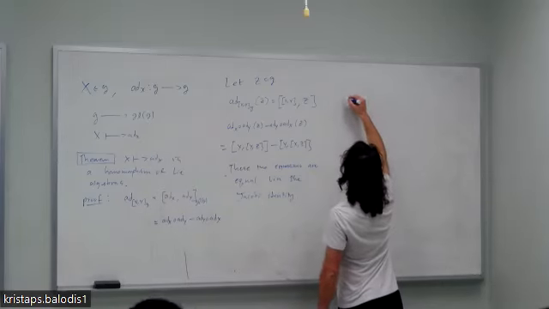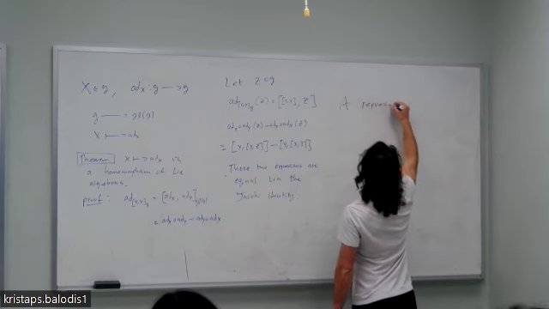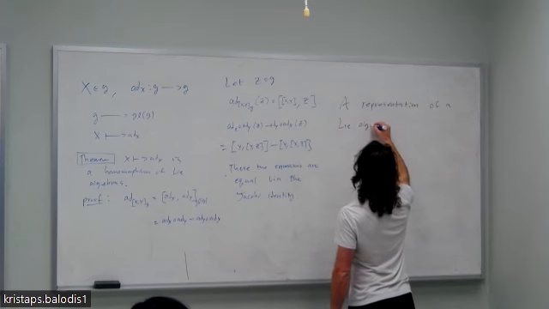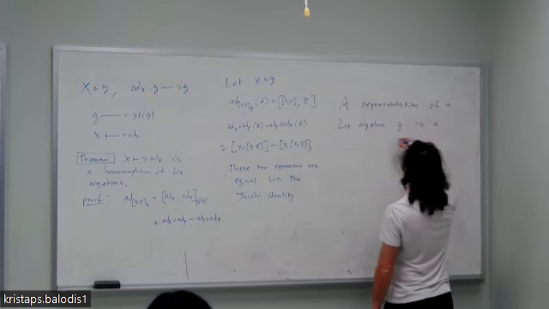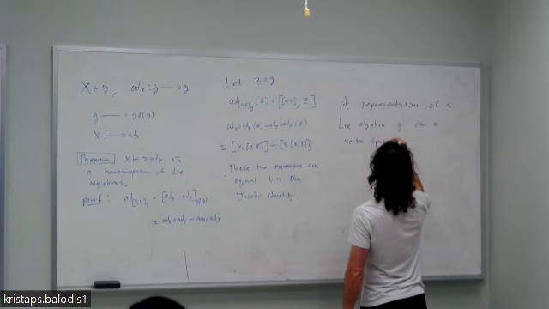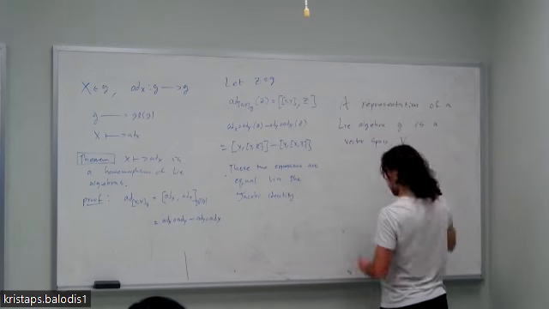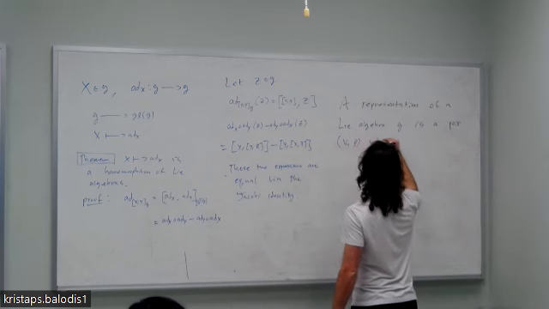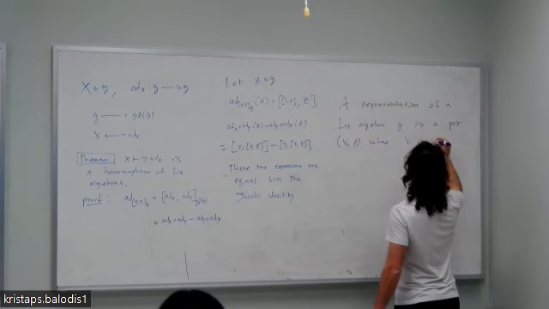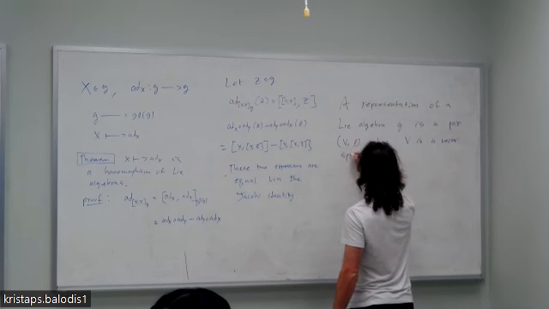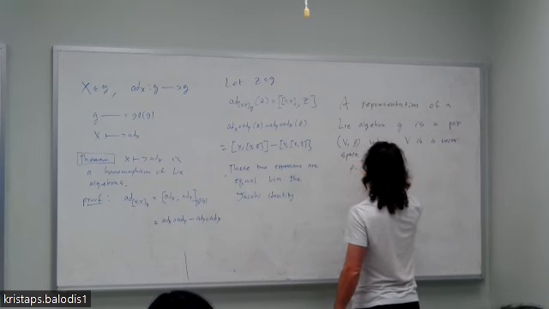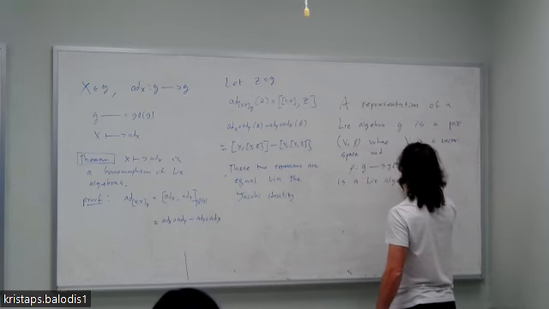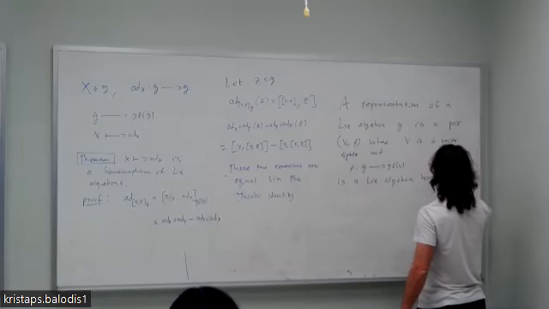And so a representation of a Lie algebra G is a vector space V, or I should say, a pair (V, rho), where V is a vector space and rho from G to gl(V) is a Lie algebra homomorphism.